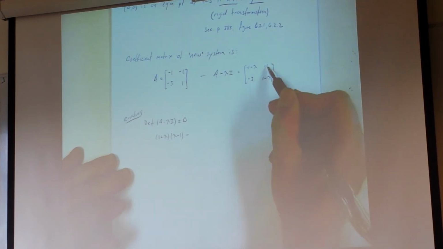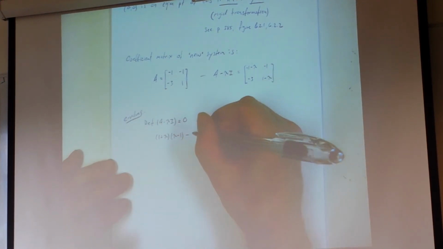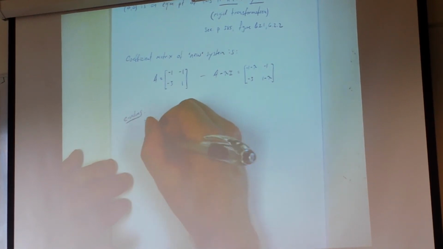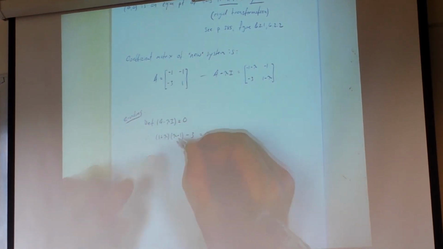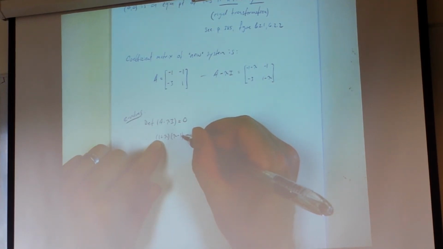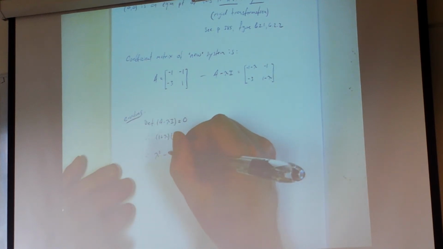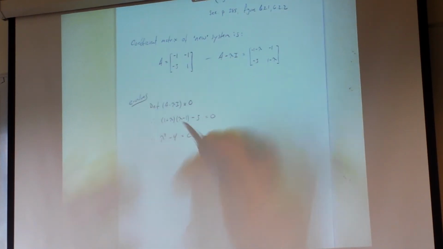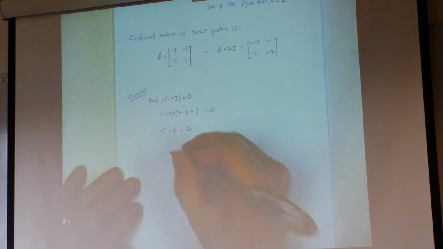Minus, and -1 times -3 is a positive 3. All right, so we're going to get lambda squared minus lambda plus lambda minus 1 minus 3, so that's -4 equals 0. What are we going to get? Lambda equals plus or minus 2.